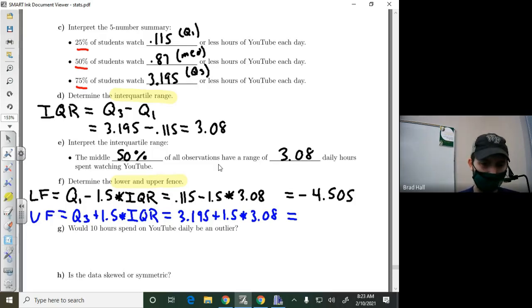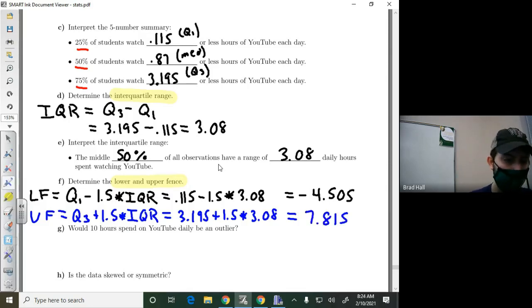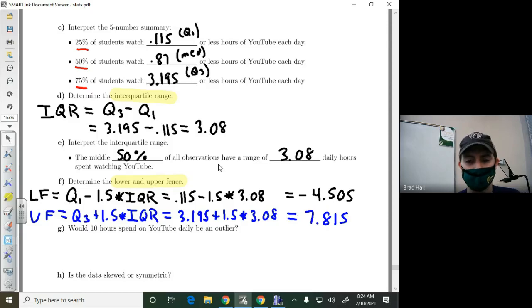Let's see about the upper limit. 3.195 plus 1.5 times 3.08 is 7.815. So our lower fence is negative 4.505, and our upper fence is 7.815.